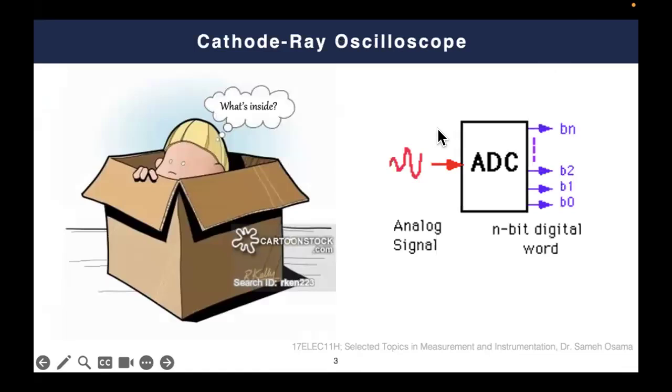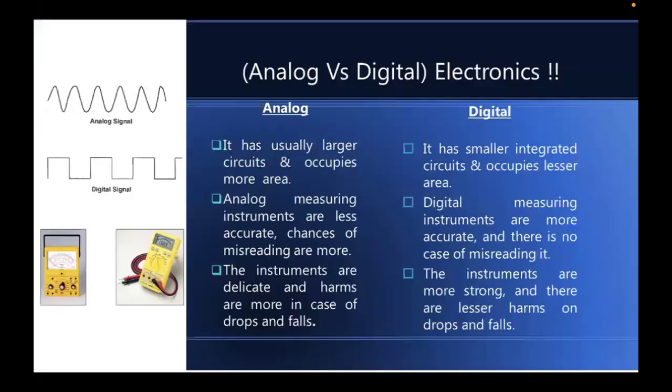So maybe the question is why we should transfer analog signals into digital signals. And here comes the comparison between the analog domain and the digital domain. I will not spend a lot of time on this comparison, because most of you, due to the surrounding technology, can understand to what extent the digital environment is more consistent and more powerful than the analog environment.